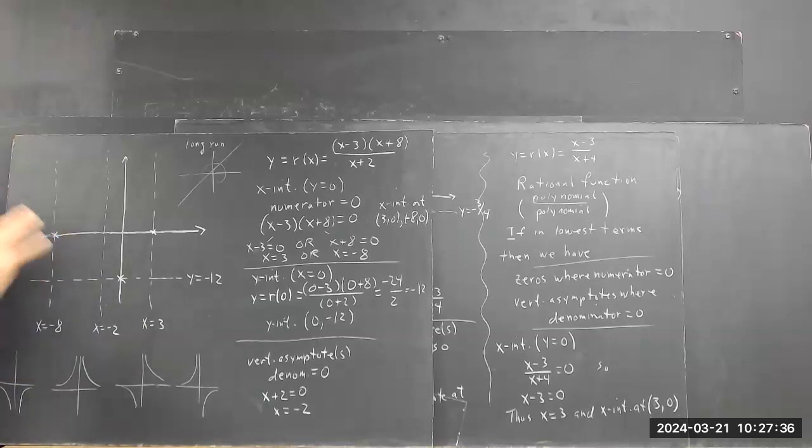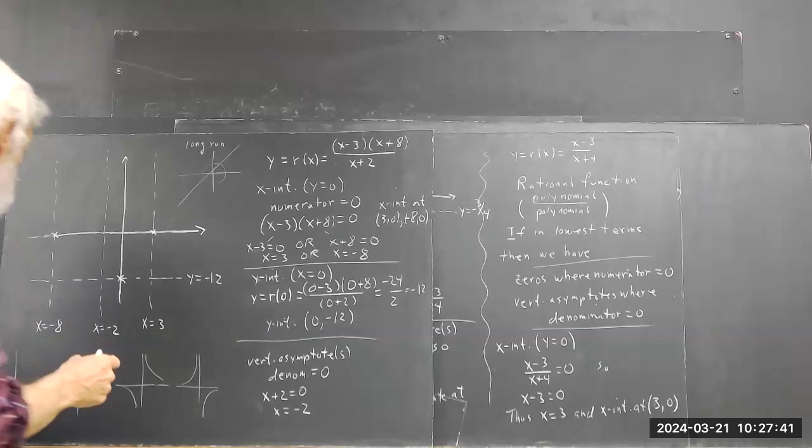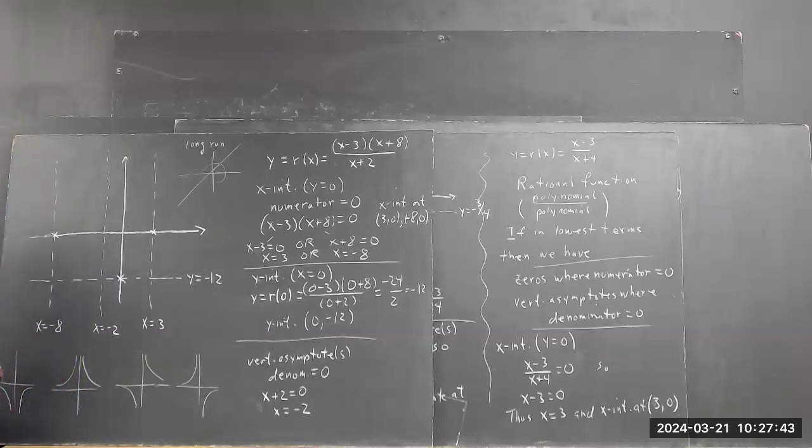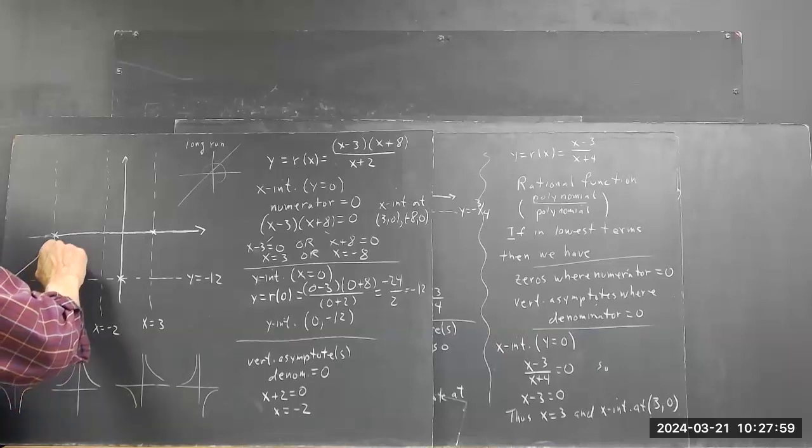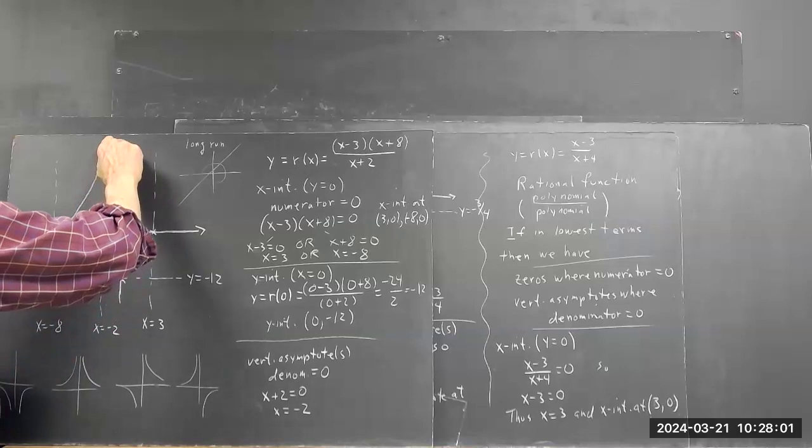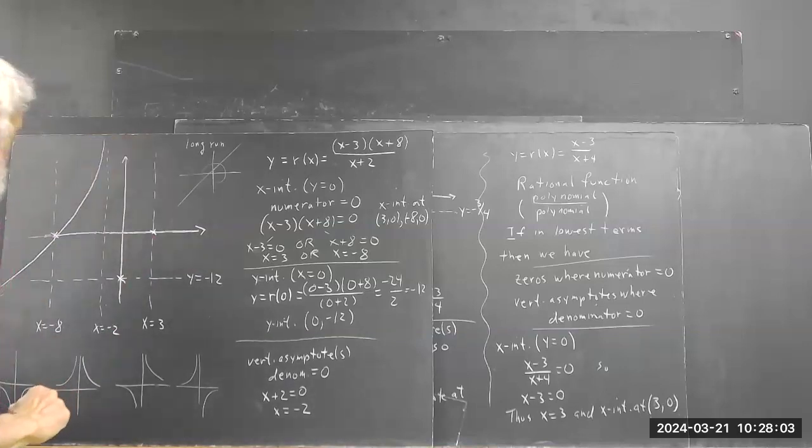I'm going to draw this without a lot of explanation, okay? We'll fill in more details of explanation as we go. The graph is going to start down here, and it's going to come up through this point, and then it's going to approach a vertical asymptote like so.